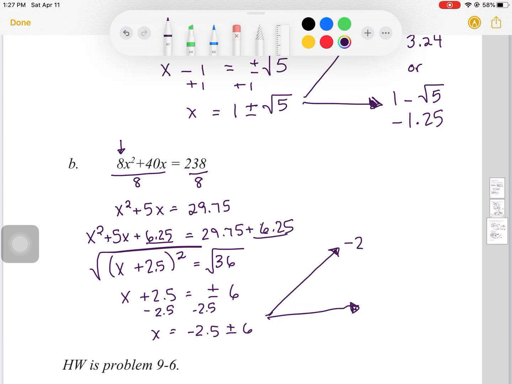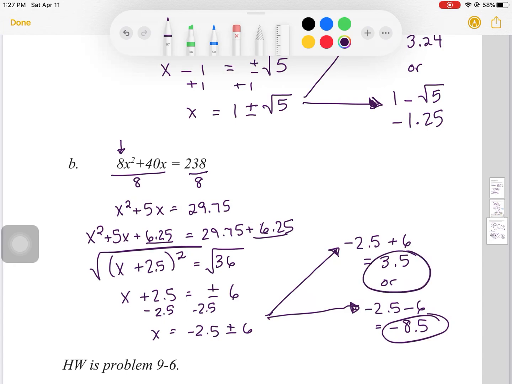Let's back up and write that out so you guys can see it. So I have negative 2.5 plus 6, which equals 3.5, or negative 2.5 minus 6, which equals negative 8.5. So we have our two solutions for that equation as well.